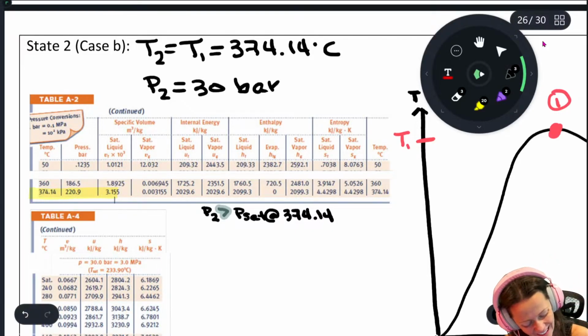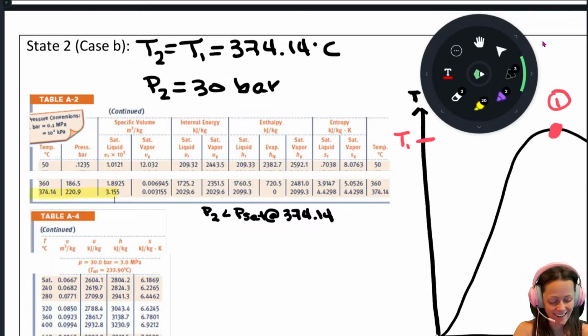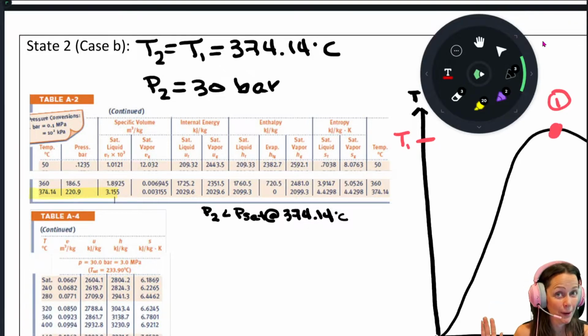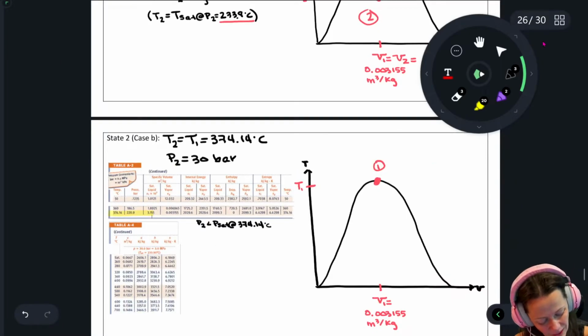I'm like, our P2 is 30 bar. Oh my gosh, what's wrong with me? It's less than. All right, so stupid. Okay, so it's less than the PSAT at 374.14 degrees Celsius. So it's superheated. Oh my gosh, totally got it. All right, so let's go ahead and put that there.